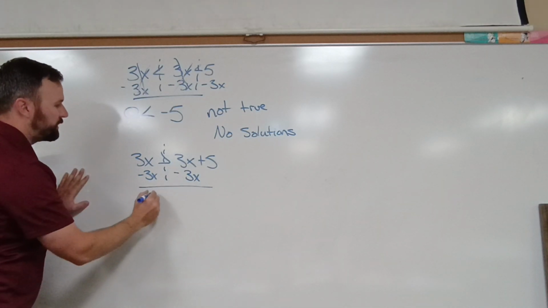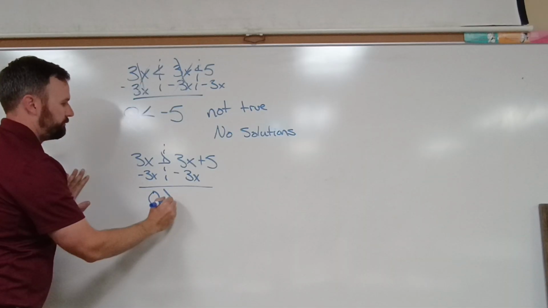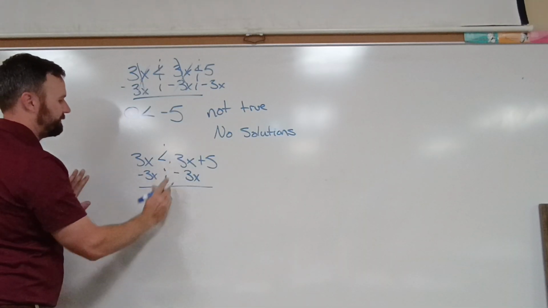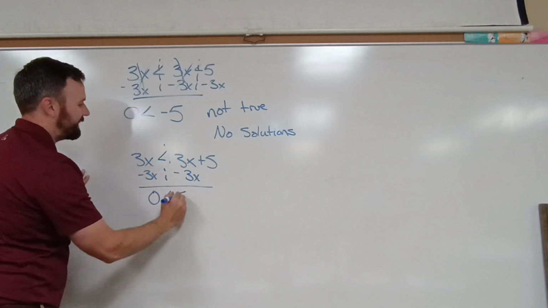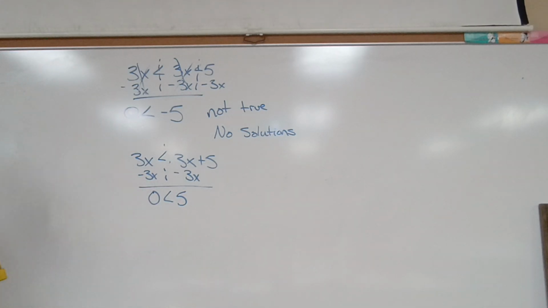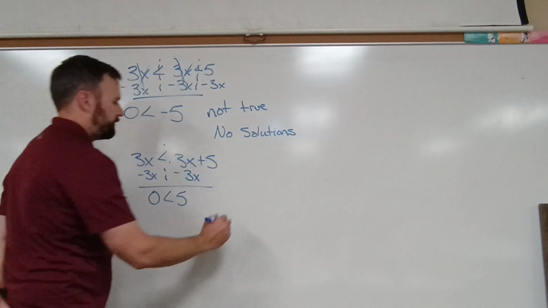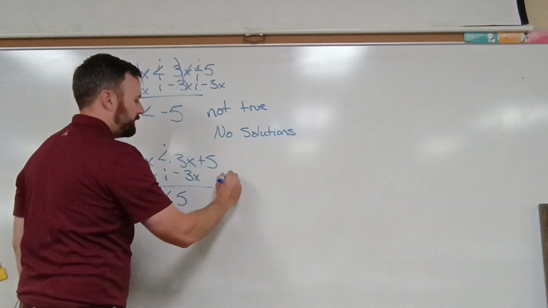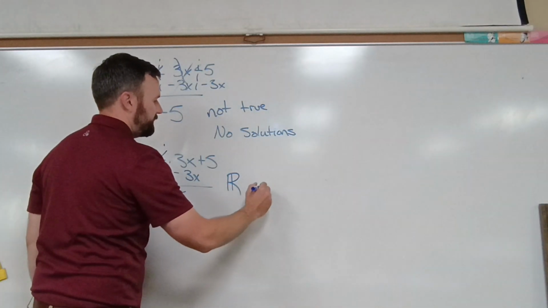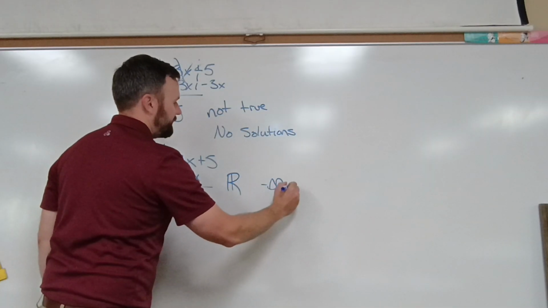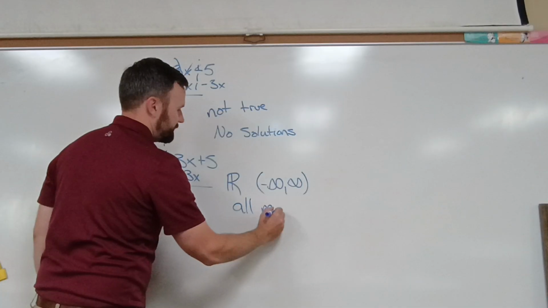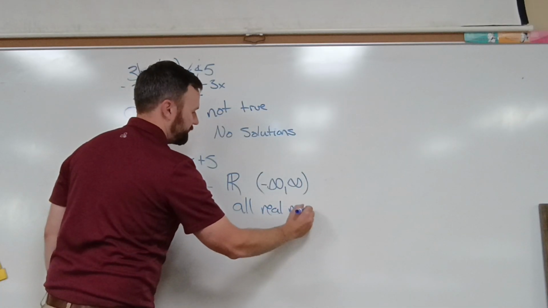Okay. So on this one, I got 0 is less than 5. Is 0 less than 5? Yeah. So will this work for any number I plug in? Yeah. So it's all real numbers, or negative infinity to infinity, or I can write all real numbers, or infinite solutions.